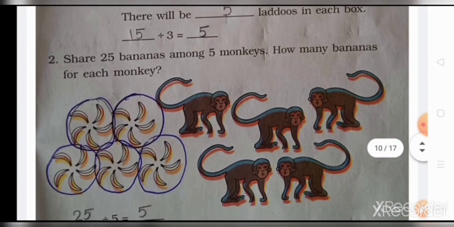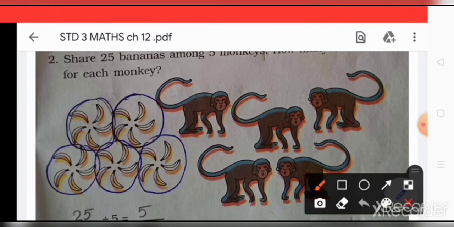Share 25 bananas among 5 monkeys. How many bananas for each monkey? That means 5 5s are 25. And in each group, how many bananas are coming? 5 bananas. First group, second group, third group, fourth group and fifth group. In one group, how many bananas are there? 1, 2, 3, 4, 5.